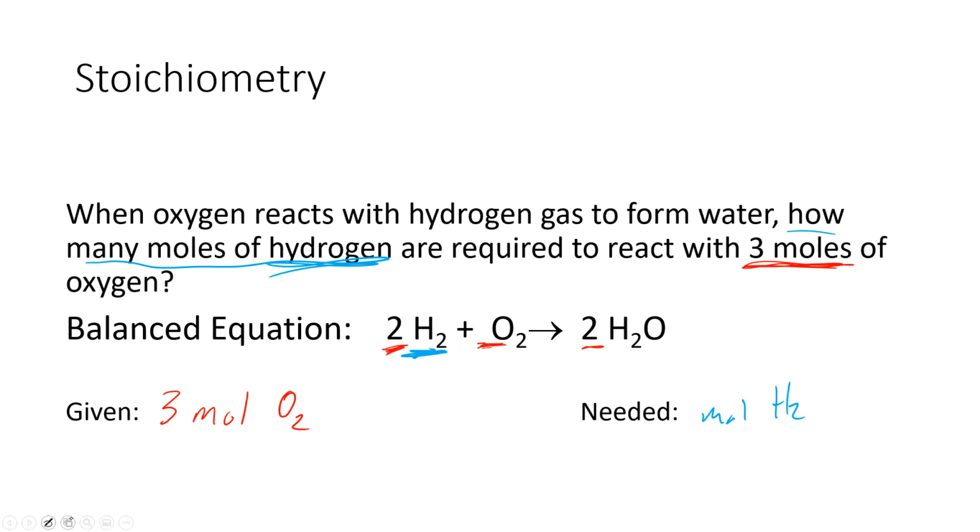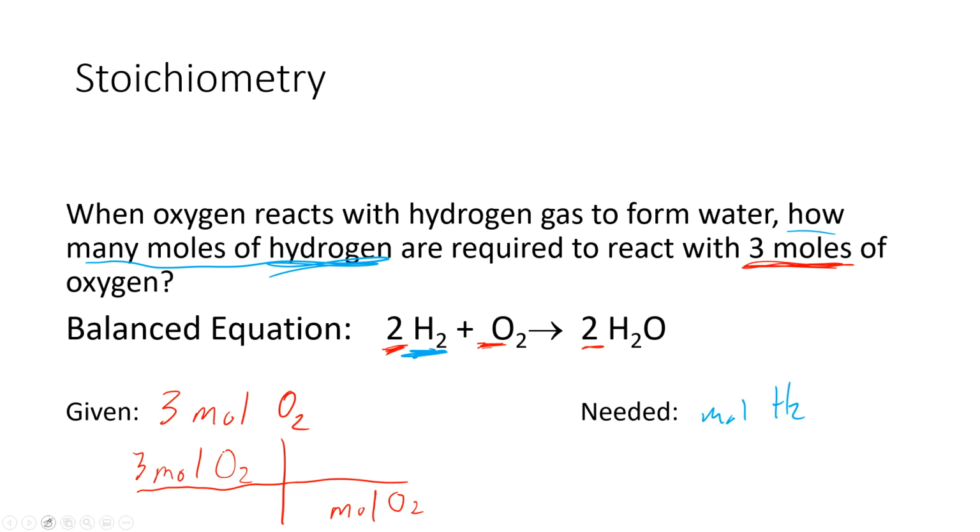So we're going to start with that given, and we're going to want to cancel out moles of oxygen. So it's very important that you actually keep your labels, the moles and what it is you're talking about, oxygen, so that you keep everything straight. Now we need to get out of moles of oxygen and get into moles of hydrogen.